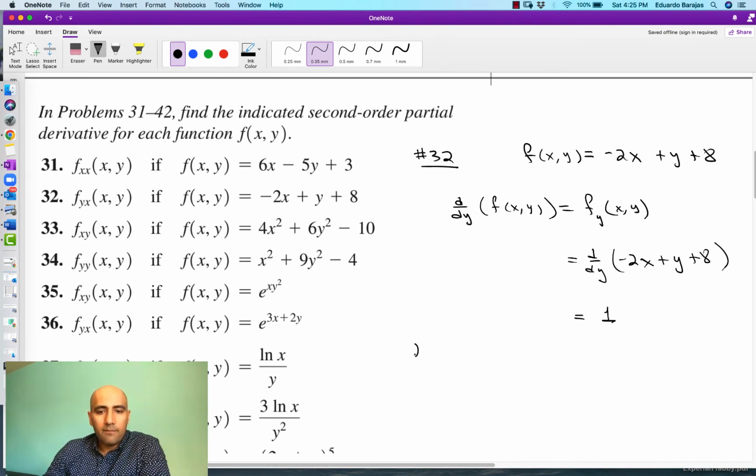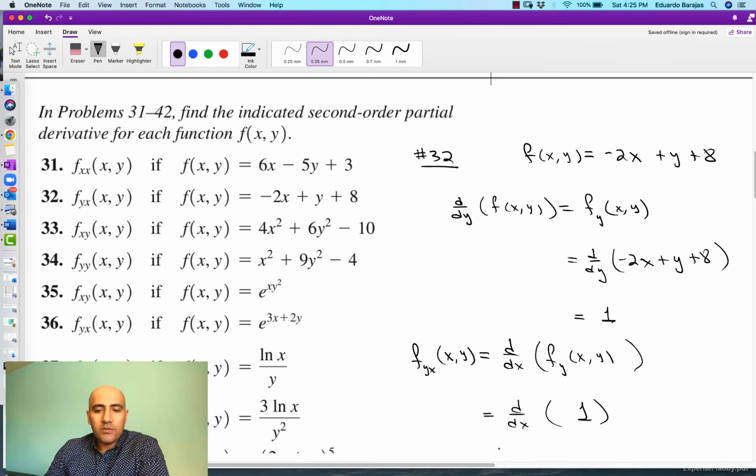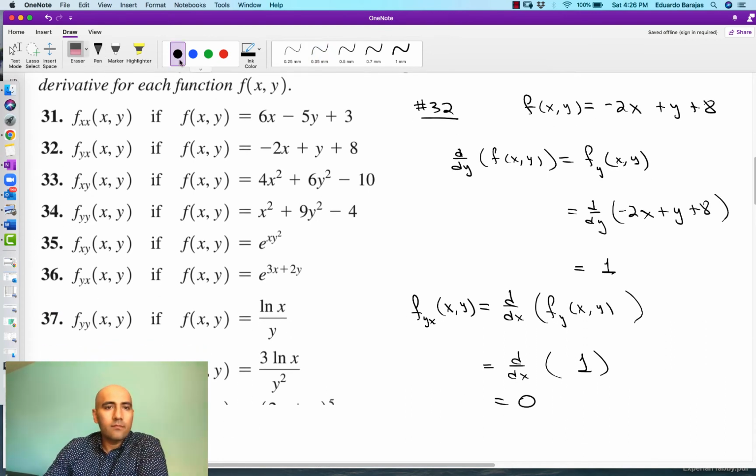So now f sub yx of x comma y is equal to the derivative with respect to x of f sub y of x comma y, which is equivalent to the derivative with respect to x of this function, which was just 1. And the derivative of any constant is just equal to 0, right? So that's our answer. So f sub yx of x comma y just equals 0.